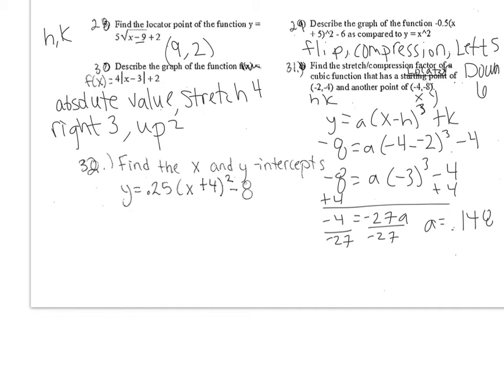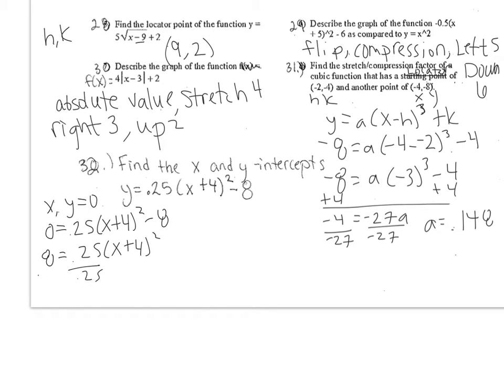Remember to find the x-intercepts, that means y equals 0. So I do 0 equals 0.25, parentheses x plus 4 squared minus 8. I'm going to add 8 to both sides, so then I'll get 8 equals 0.25, parentheses x plus 4 squared. I'm going to divide by 0.25.